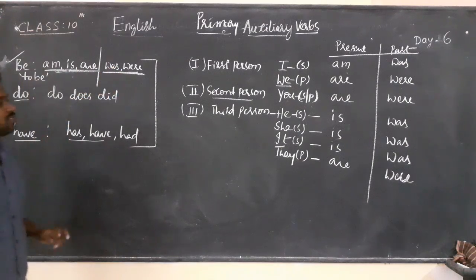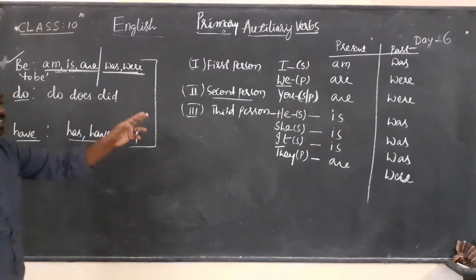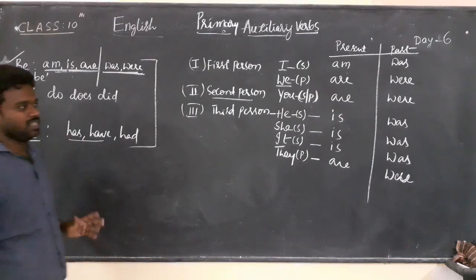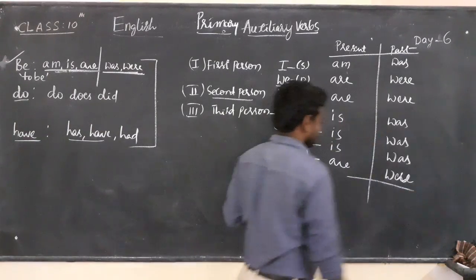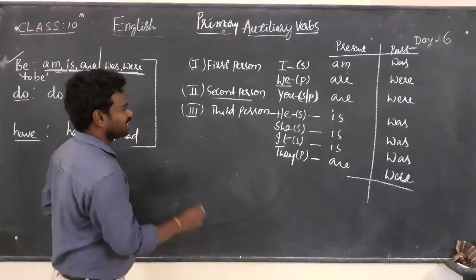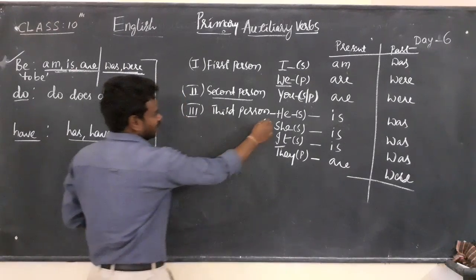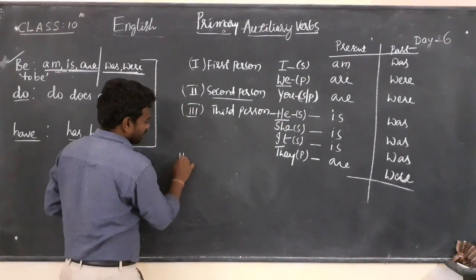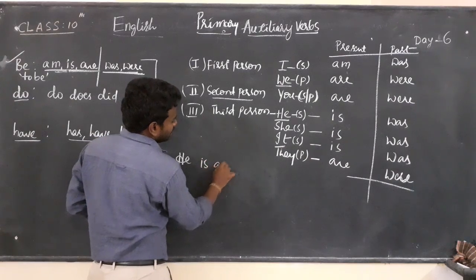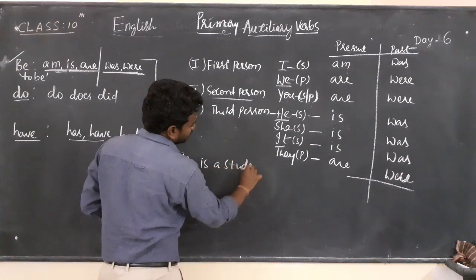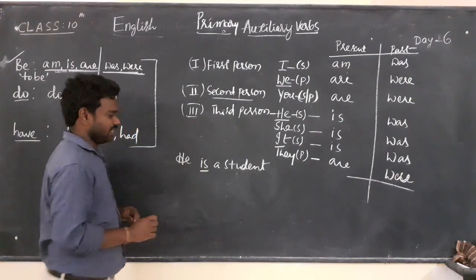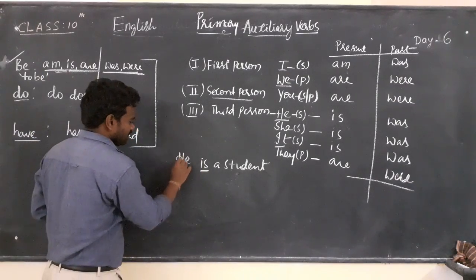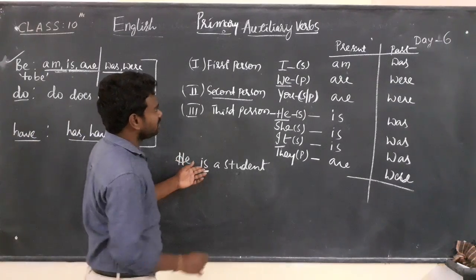So when do we use is here? When the third person is singular. Let us go with some sentences. For example, I will take he. He is a student. So is, when do we use this one?